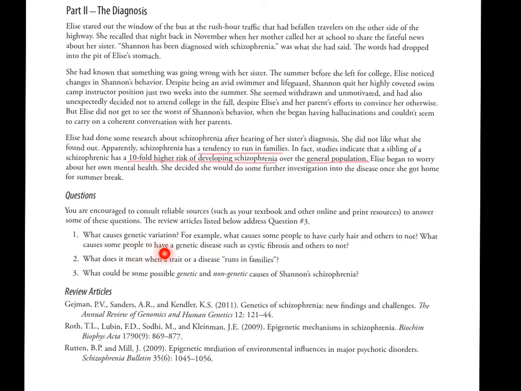What causes some people to have a genetic disease, such as cystic fibrosis, and others not to? I think you should understand that by now. That person inherited a gene or set of genes, depending on whether it's a recessive or a dominant disease, and that means that person is going to develop a disease like cystic fibrosis. That being said, I suggested to you in part one that some genetic diseases might be made better via the environment.